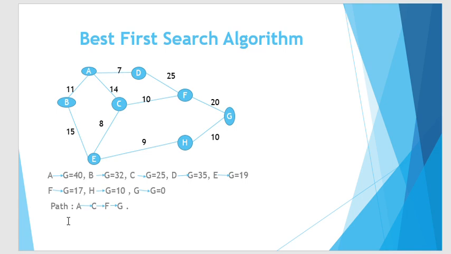We are finding the straight line distance from A to G, from D to G, from all the nodes. That we have already written over here.